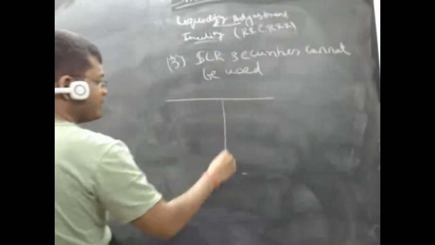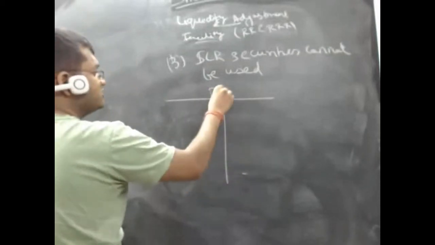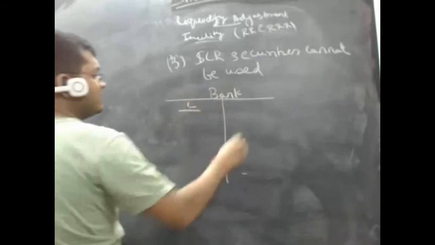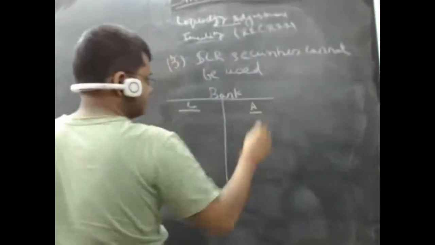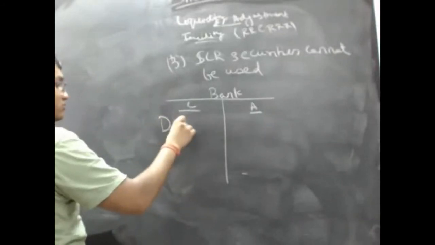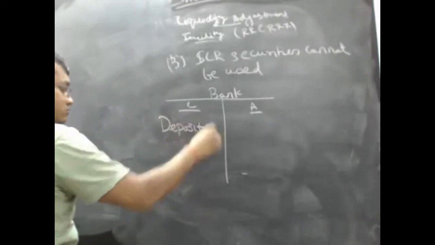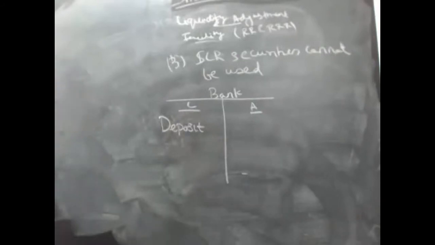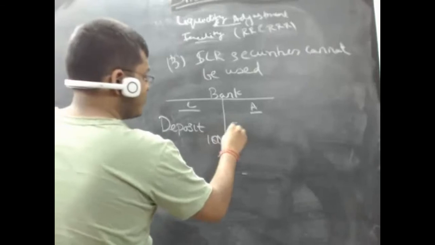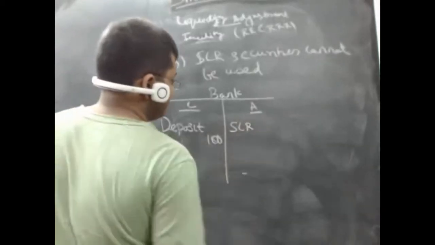This is the balance sheet of a bank. This side belongs to liabilities, this side belongs to assets. Now I have taken a deposit of 100 crore. Suppose the SLR requirement is 20%.